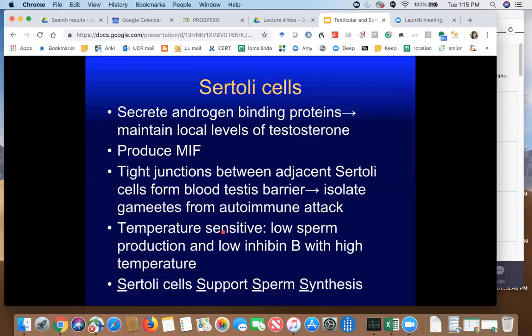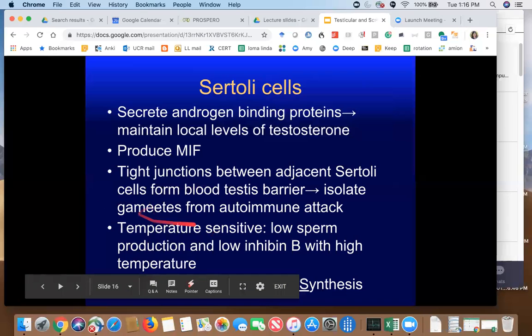So you only really need one testes to have normal fertility, but the affected testicle will be atrophic and will not be able to have proper sperm production. Okay, so that's the importance of temperature. And so Sertoli cells are important for sperm cell synthesis, SSS.